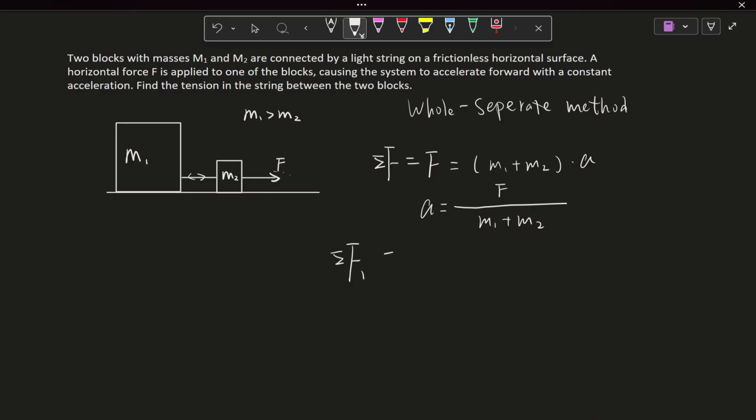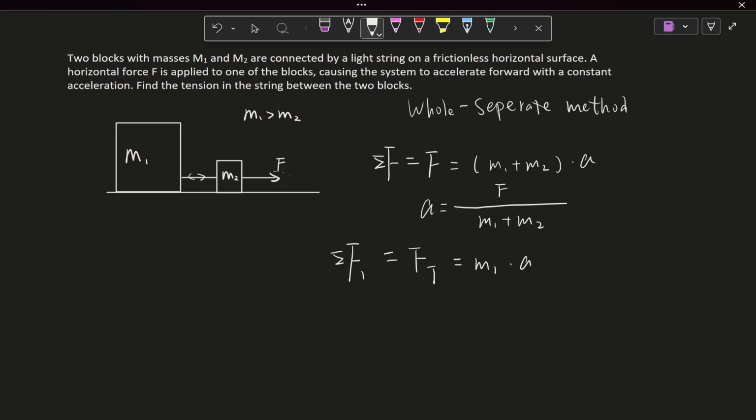So let's write a net force equation for m1. The net force on m1 is equal to, what force acts on this single object m1? Ft, right? It's equal to Ft. And it's equal to m1 times a, because we're analyzing the single object over here.